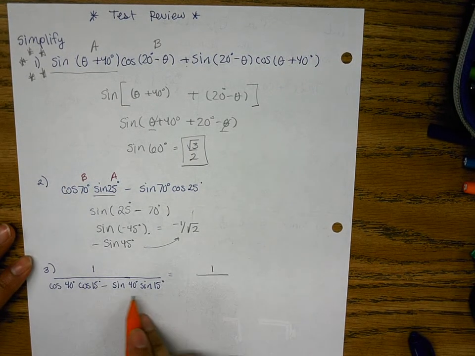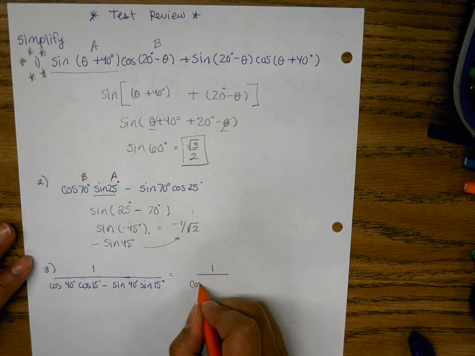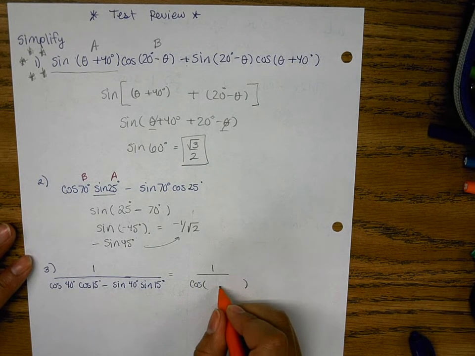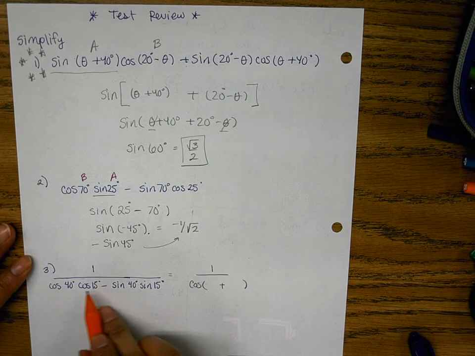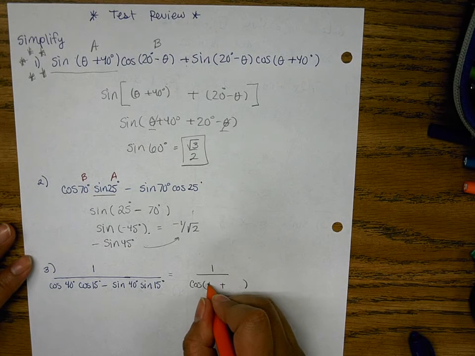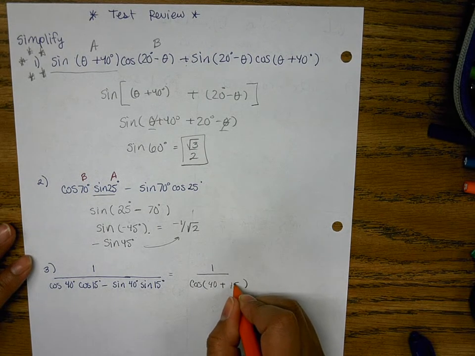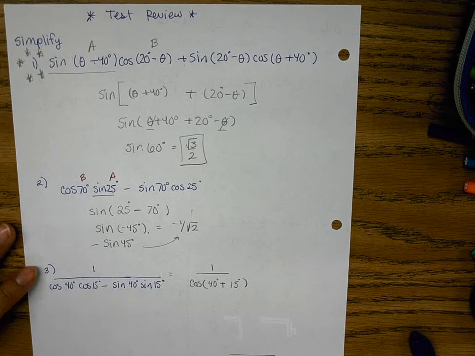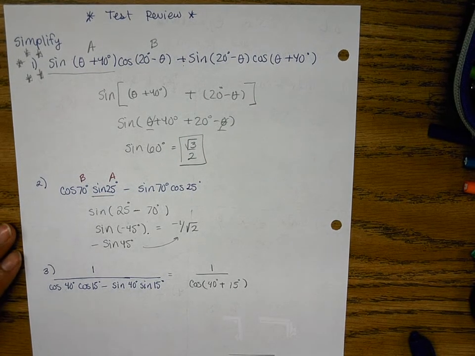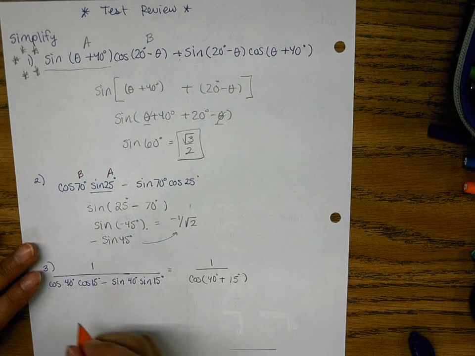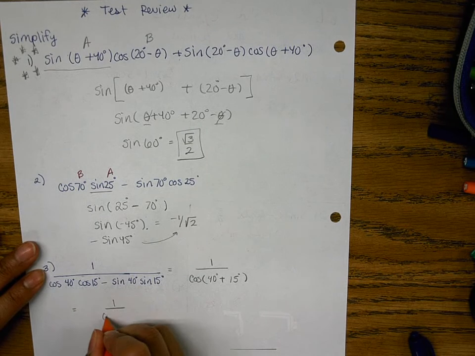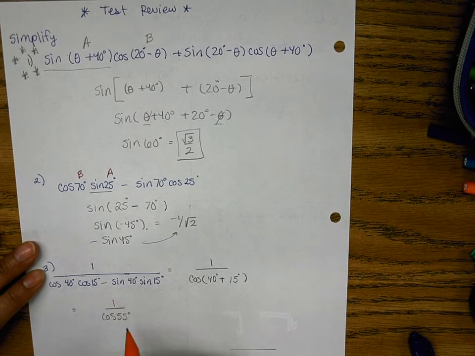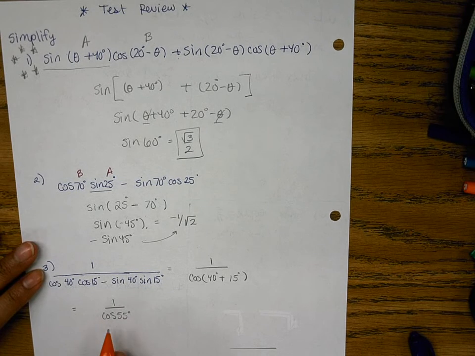So let's just clean it up the same way we usually would. 1 over, we said it's cosine because it's snobby. And opposite, so it's addition. If it's addition, it doesn't matter which one's A or B. And with cosine, it doesn't matter which one's A or B even when you subtract, because remember, cosine absorbs the negative. So you have cosine of 40 plus 15, which equals 1 over cosine of 55 degrees.